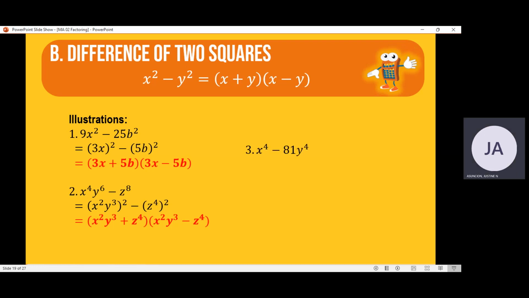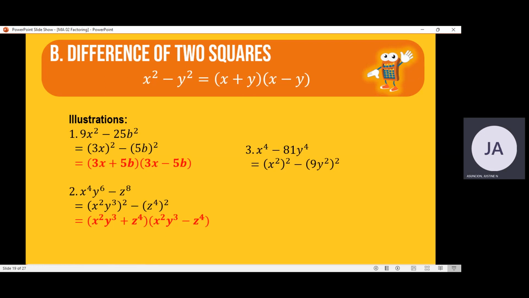Another example, x raised to 4 minus 81y raised to 4. At first, we cannot identify the factors. But as you notice, it's the difference of two squares. x raised to 4 can be expressed as x squared squared, and 81y raised to 4 can be expressed as the quantity 9y squared, squared.